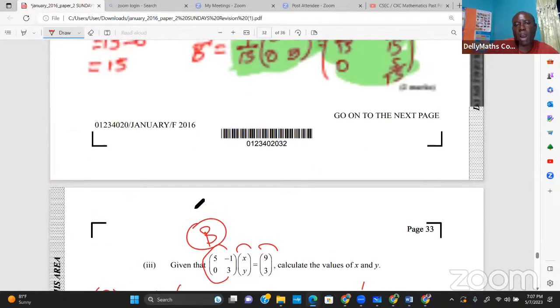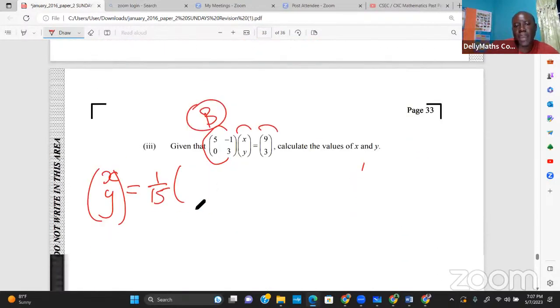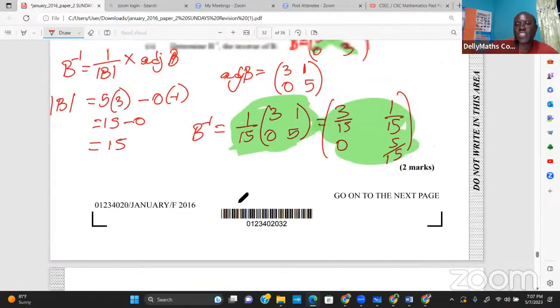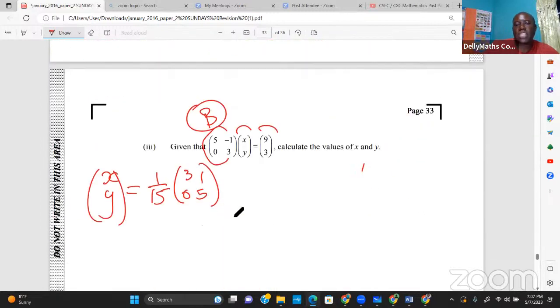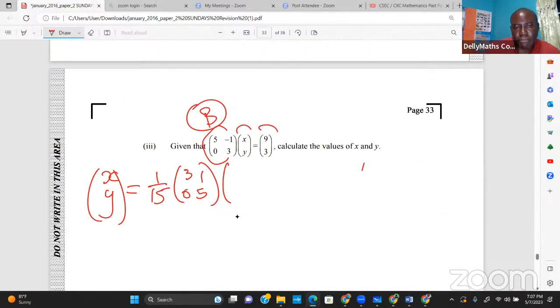And you could put it in this form if you want, 3105. So that's the inverse. You could put it in that form if you don't want to work with a fraction right now. And put it in front of the 39. And work it out, right? So if you don't want to work with the fraction, it's fine. Keep the 1 over 15 outside for now.